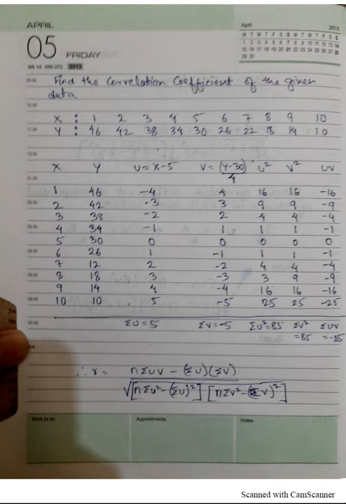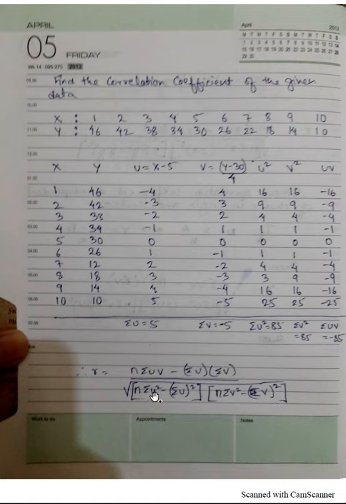So we simply put the values for u and v in the formula. Therefore r is equal to n summation uv minus summation u into summation v, under root n summation u square minus summation u whole square, and into n summation v square minus summation v whole square.